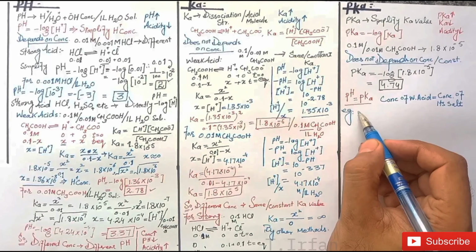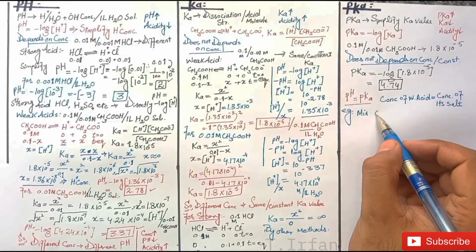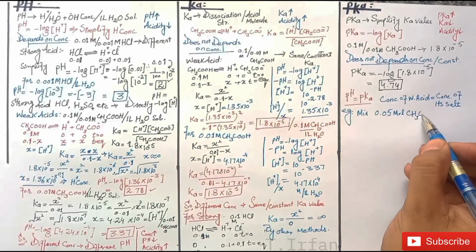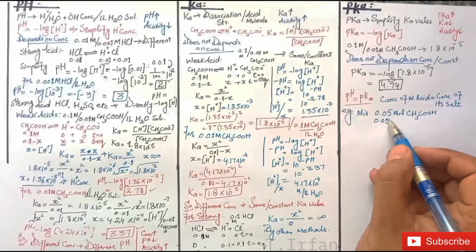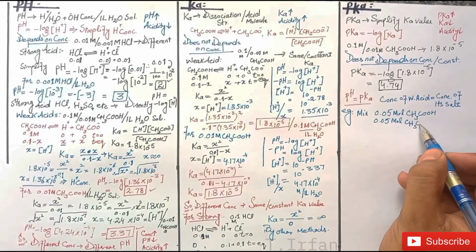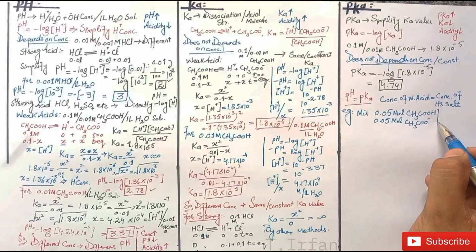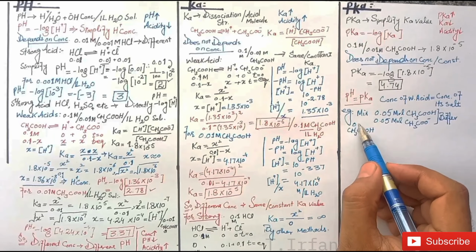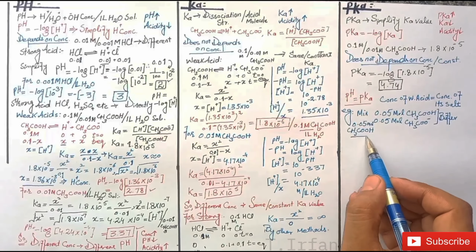For example, when we mix 0.05 mole acetic acid, which is a weak acid, and 0.05 mole of sodium acetate, which is the salt of that weak acid, in 1 liter aqueous solution, this makes a buffer solution and has the same pH and pK value.